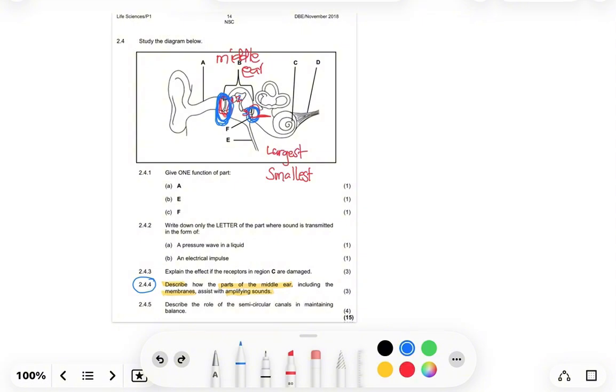Let's use blue. 2.4.4. All right, 2.4.4 we are describing.